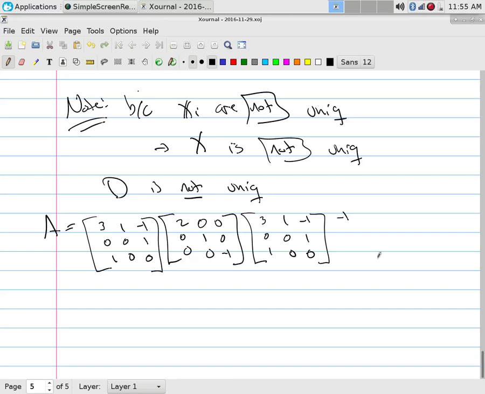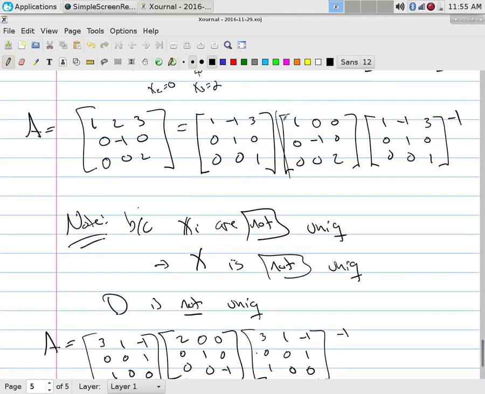Why are they not unique? They're not unique because these columns can be rearranged. If I rearrange those columns, those are different matrices. For example, is this matrix equal to that matrix? No. They're based on the same idea, but they're not the exact equal matrix.